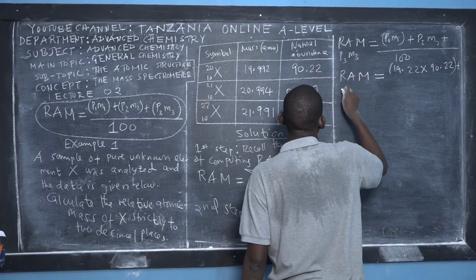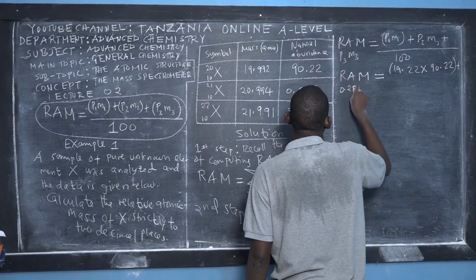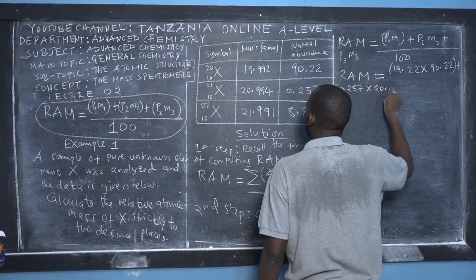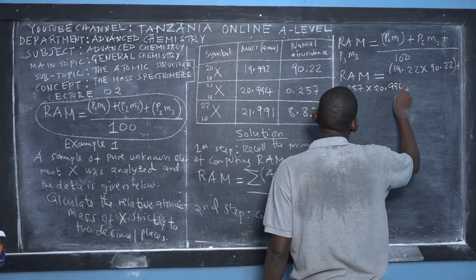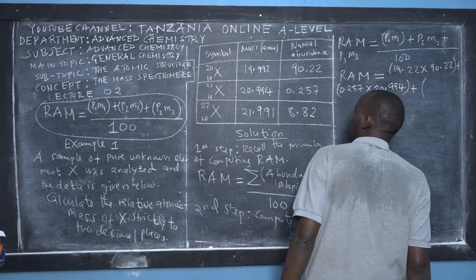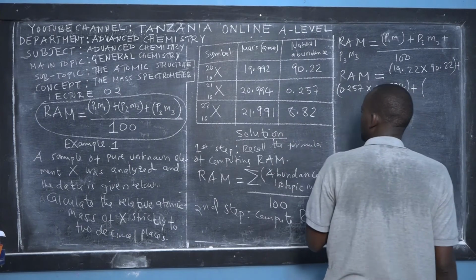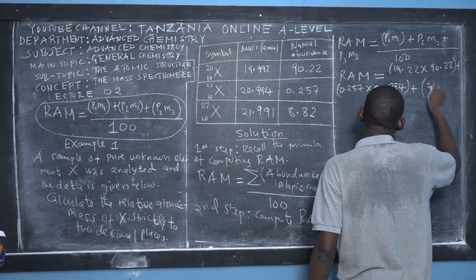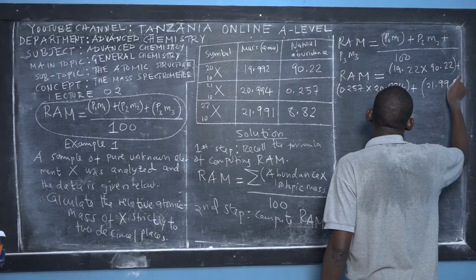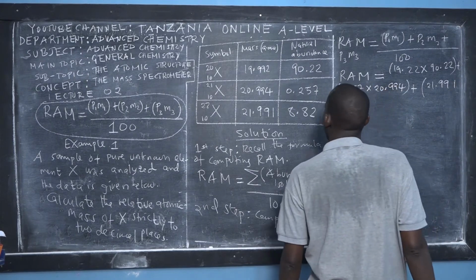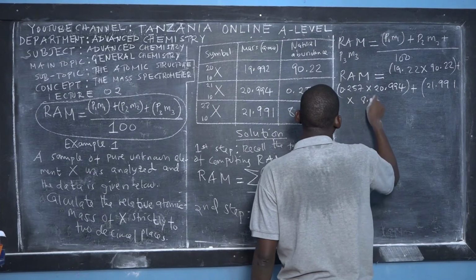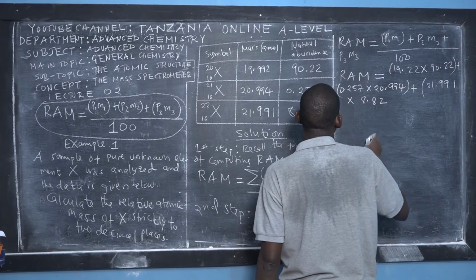The abundance is 0.257 multiplied by 20.994, plus, again, the final product, 21.991 multiplied by 8.82.